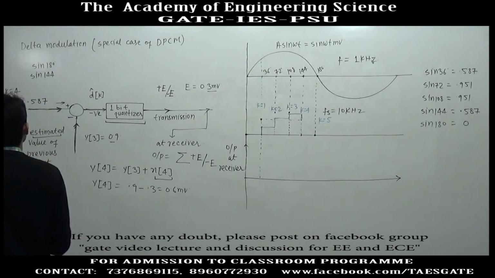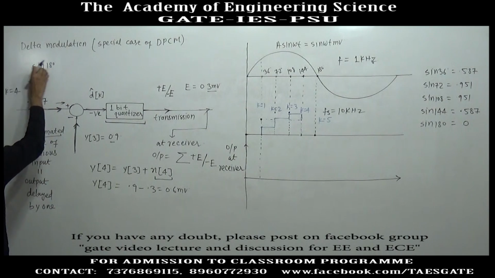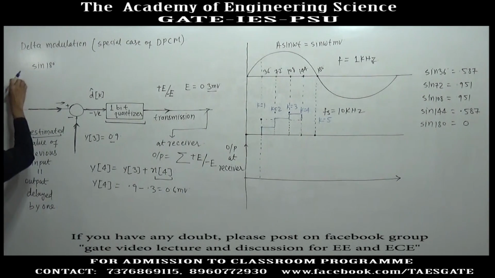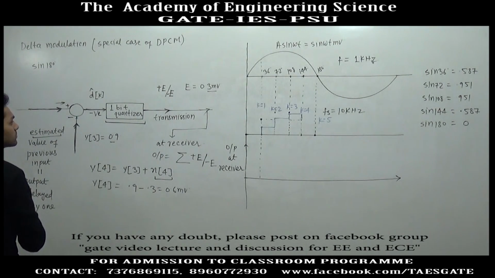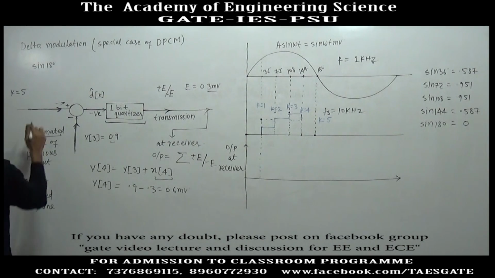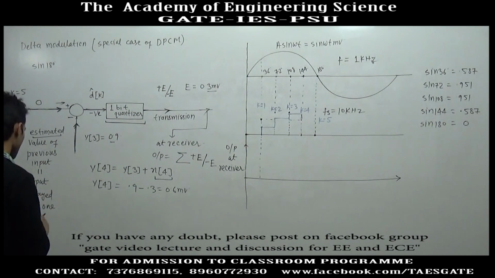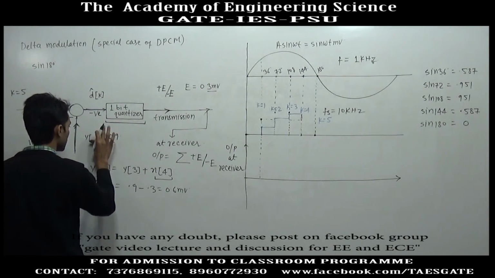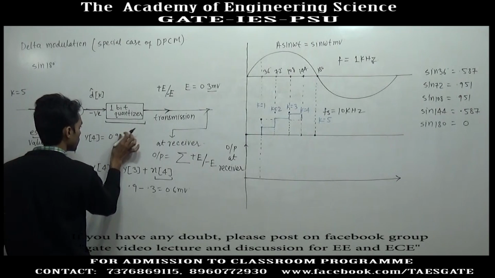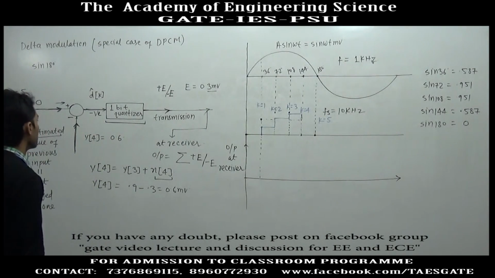Okay. So, the next input sequence is sine 180 at k equal to 5. At k equal to 5, the input is 0 here, and here we will have y4, and the value of y4 is 0.6 millivolt.